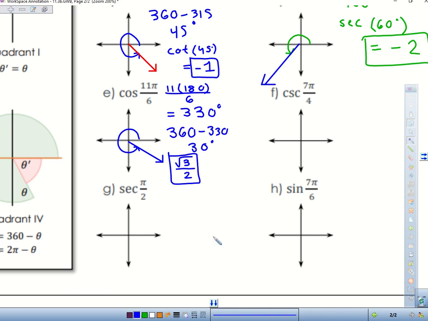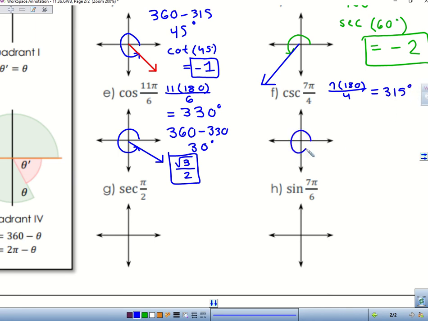So for cosecant, we can go ahead and convert it into degrees. That's 315. What quadrant is that? Good.